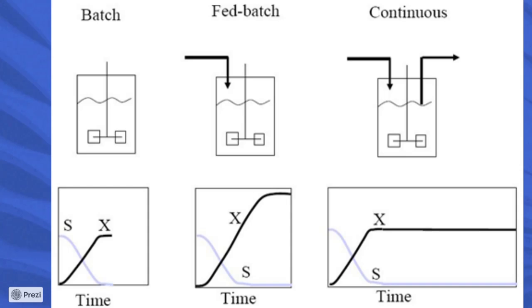Whereas in the continuous system of cultivation, there is a continuous inlet of substrate into the reactor, and the biomass is withdrawn from the reactor at a typical flow rate, wherein the substrate and biomass concentration remain constant throughout the process.